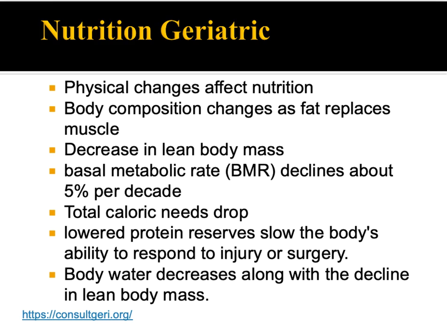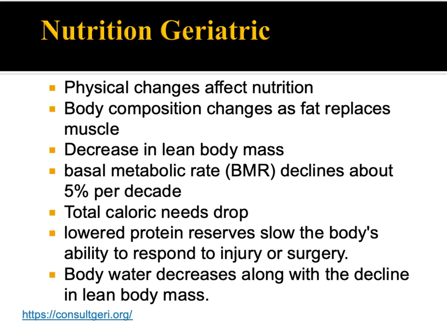Body composition is different as fat replaces muscle. Decrease in lean body mass, their BMR declines 5% per decade, which is really kind of frustrating and sad because we all know this, right? If you compare a 15-year-old boy to a 30-year-old man and they eat exactly the same thing, the 30-year-old man is most likely going to gain some weight from a high-calorie diet where the 15-year-old boy may not, because of the BMR.